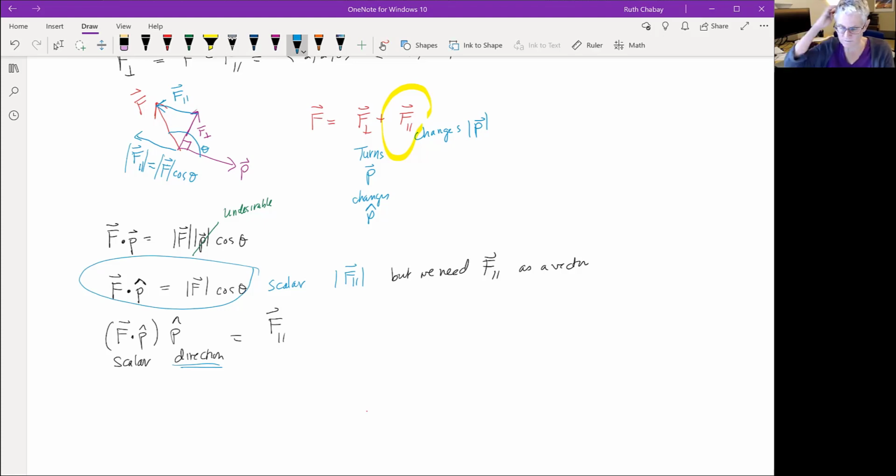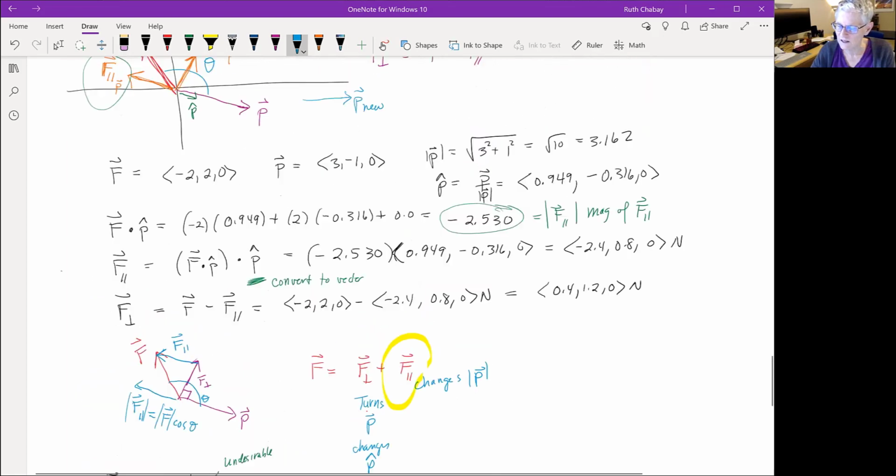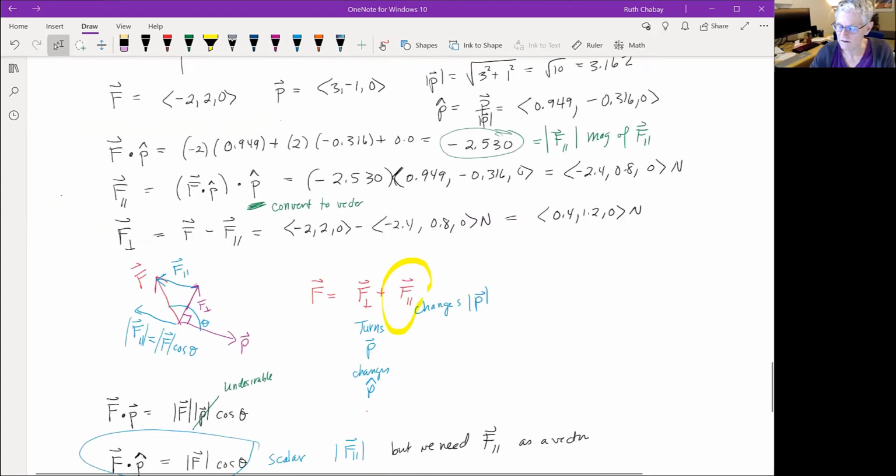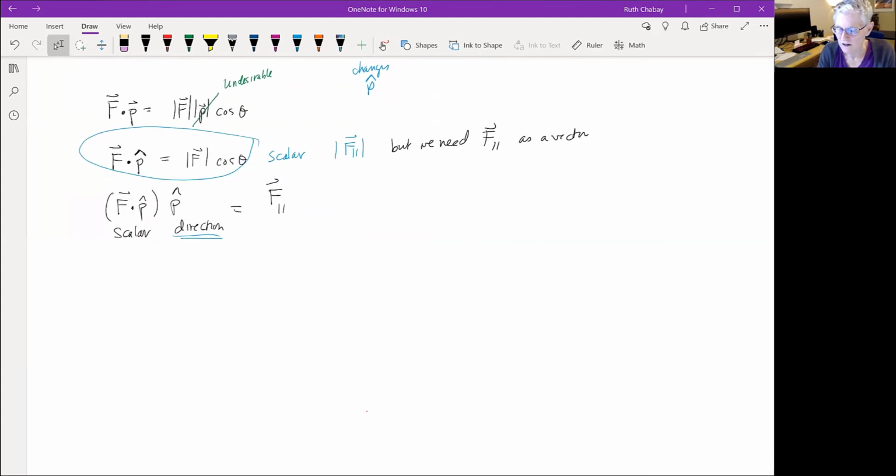And yes, if you know the angle, that's a legitimate way to do it. But in a lot of cases, you need to be able to do both of these things. If you take F cosine theta, remember that that actually is a way of evaluating the dot product. So that's already taken care of.